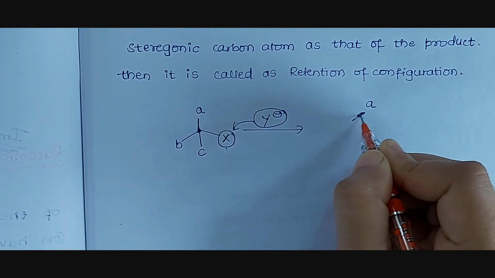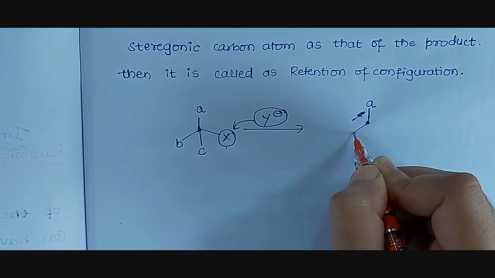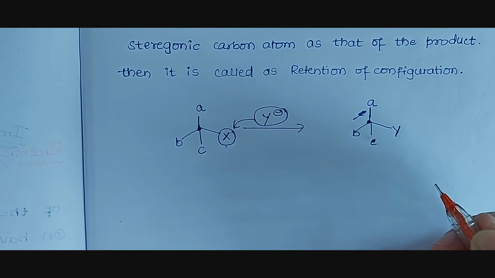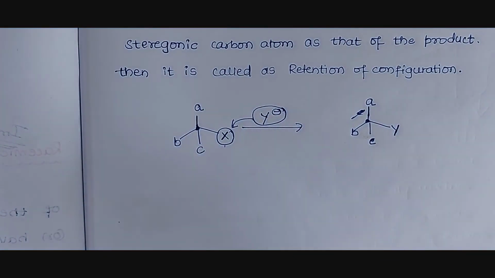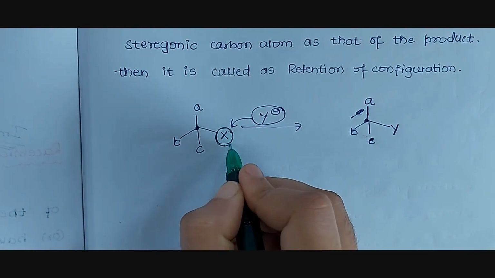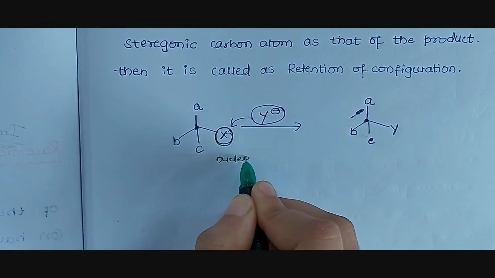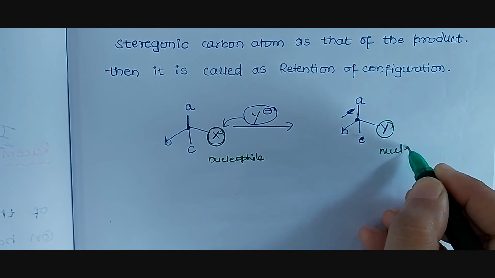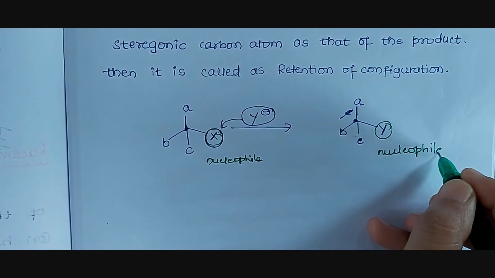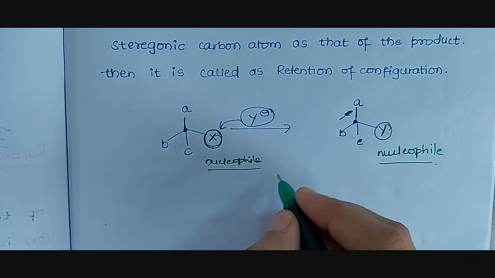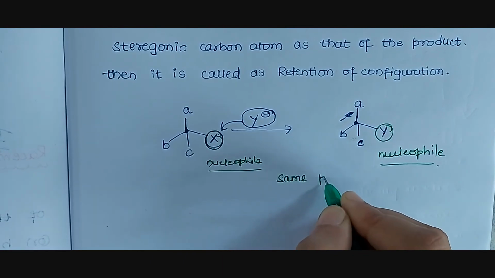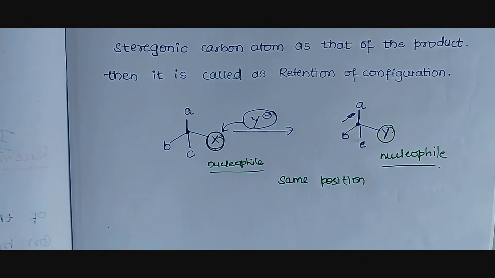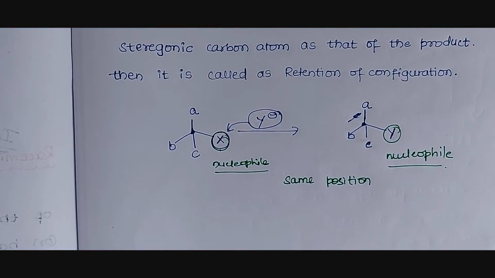Now here we have a carbon atom which is bonded to A, B and C, and instead of X we have the substituted nucleophile Y. On both sides you will see that the removed nucleophile was present on the right side, and the one which has attached to the carbon atom also gets attached on the right side. Since the nucleophiles are present on the same side, we call this type of configuration retention of configuration.